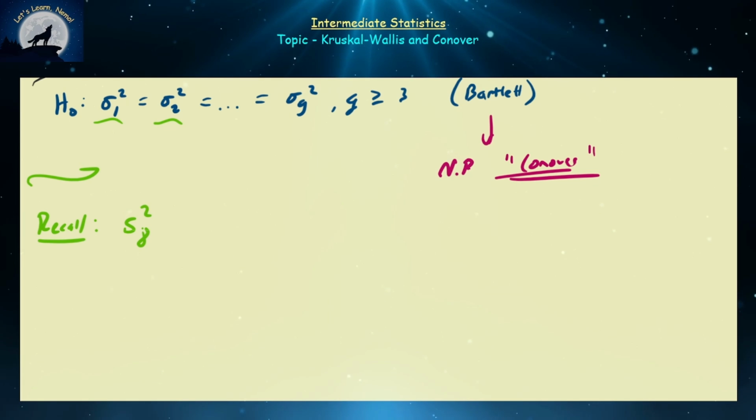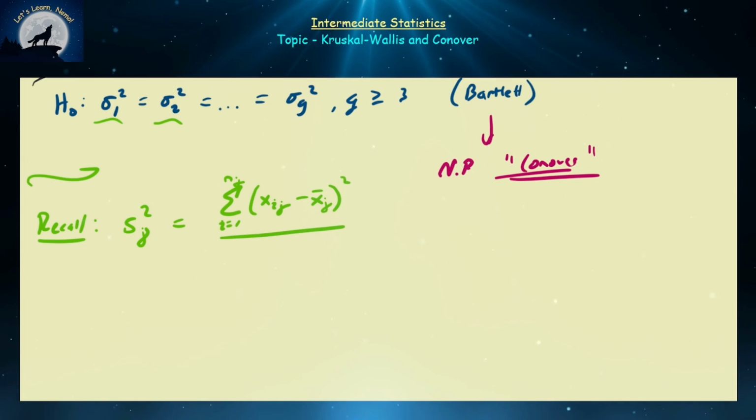The formula for the sample variance for a group j is going to be equal to the sum from i equals 1 to nj of the individual values xij belonging to group j minus the mean of that group, squared, all divided by nj minus 1. So pretty much what it does is it takes each of the values and shifts them about the mean, right? And then it squares that.